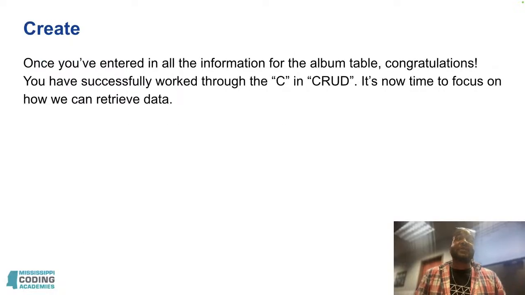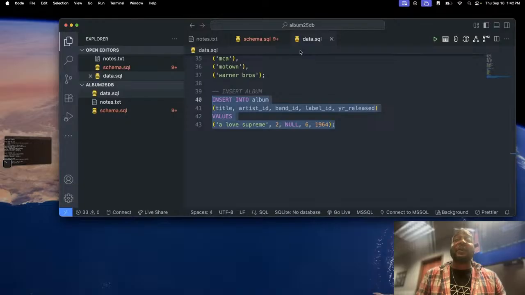So that's what you need to know for Create right now. So practice with this. Go ahead and enter the rest of the albums into the database and it should work just fine. So we'll do that, and I'll see you in the next video.